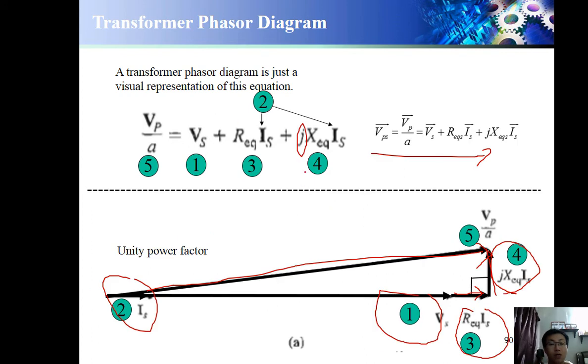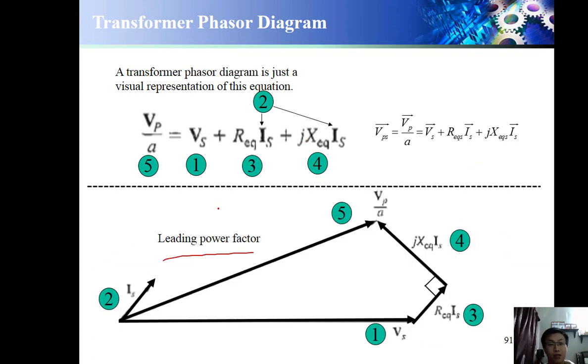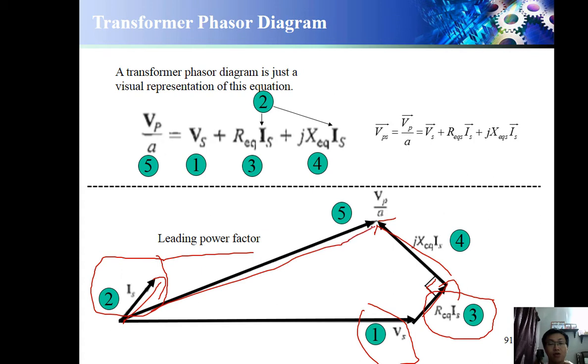Just now this one was a unity power factor. What if it is a leading power factor? So first my Vs. Second, where is my Is? Third, Is R equivalent is parallel. Okay, parallel. And then it must be 90 degrees. And then we go to the end as my resultant.